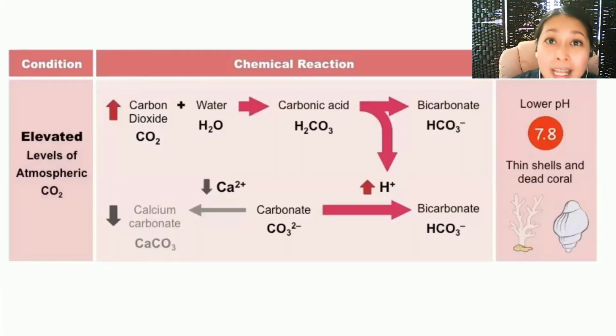But because of elevated levels of carbon dioxide, the pH of our oceans has become too low, and the presence of excess carbonic acid has captured free carbonates, preventing them from being used by our marine organisms.